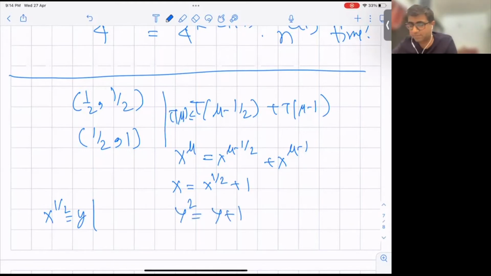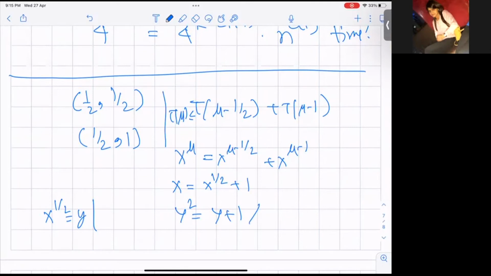What is this recurrence? You have seen it several times. Isn't this the golden ratio?